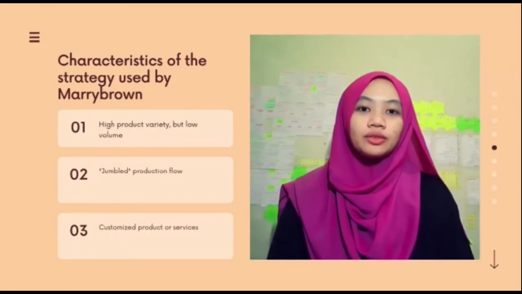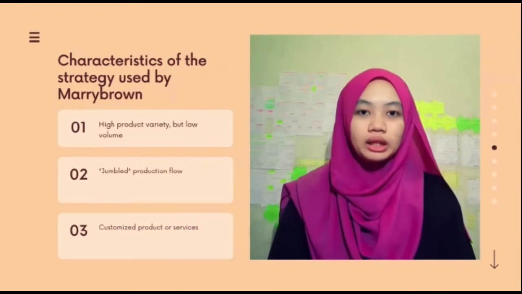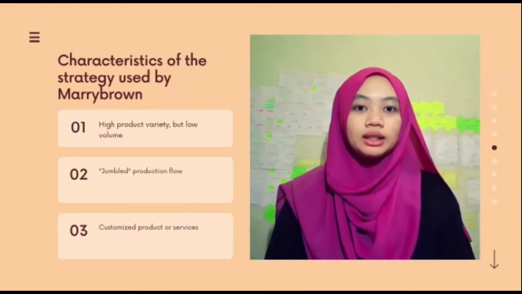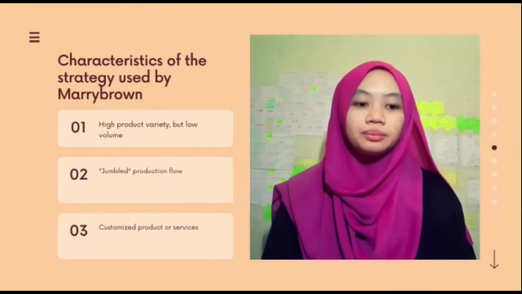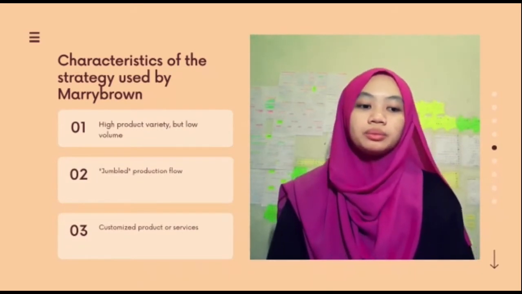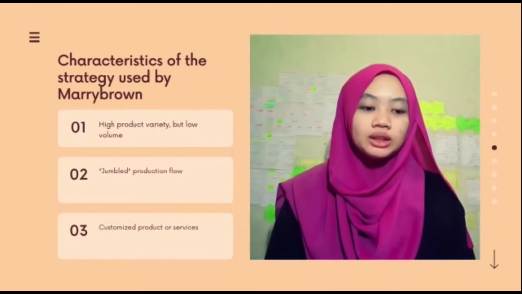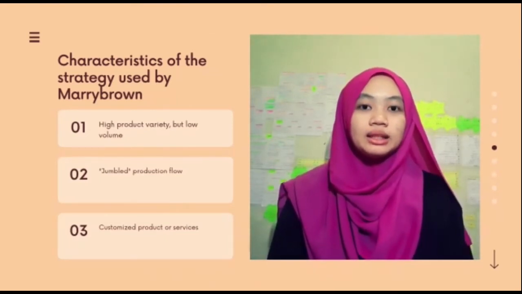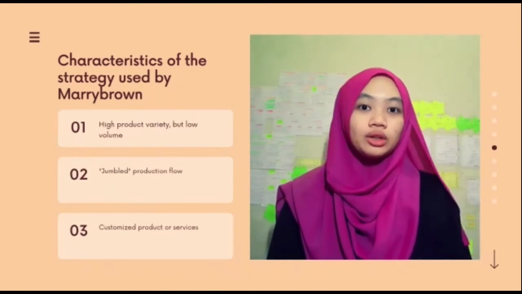The characteristics of the strategy used by Mary Brown are, first, high product variety but low volume, because each task produces different types of goods but only in small quantity, depending on the customer's order. Second, jumbled production flow, because the frying, cutting, and baking processes are in different places, so workers need to move a lot between places to do their own tasks.